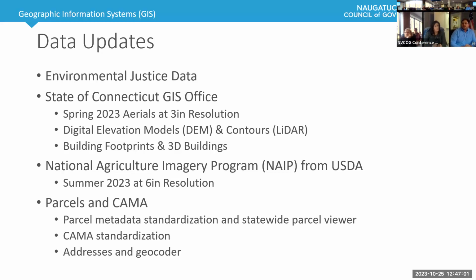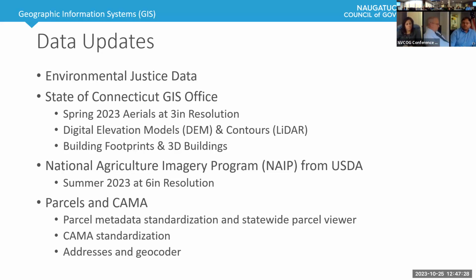Parcels and CAMA data, in terms of the state: they're trying to get standardization for the state shapefiles that they collect every year. They're also trying to standardize the CAMA data that they get every year. They're going to create a statewide parcel viewer, which should be coming out this winter, with what they got in May.